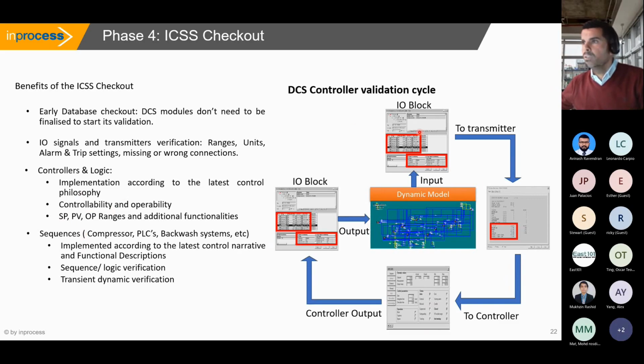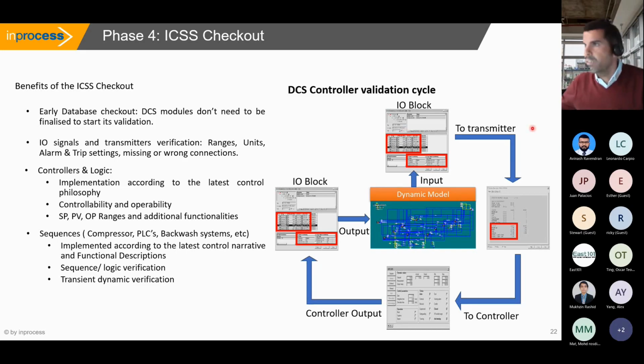All the implementation, and what we test is how we find this loop against the control narrative that we first validated. If you remember, in the first slide, when we talked about what could go wrong in an FPSO, one thing is first to validate the control narrative, and the other thing is to validate the ICSS codification that the ICSS vendor has done, right?